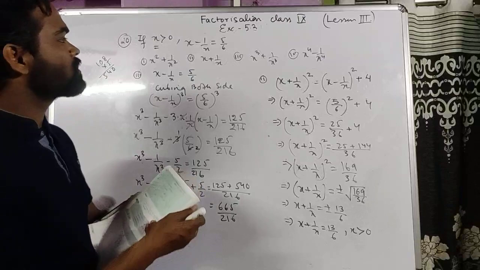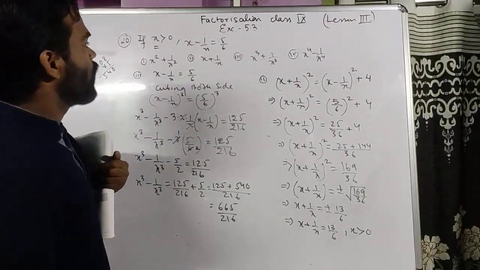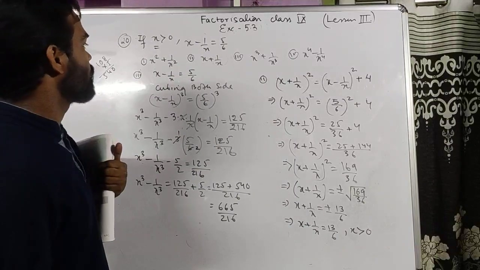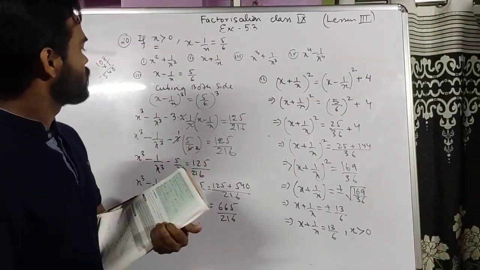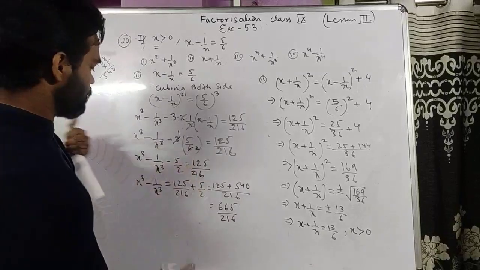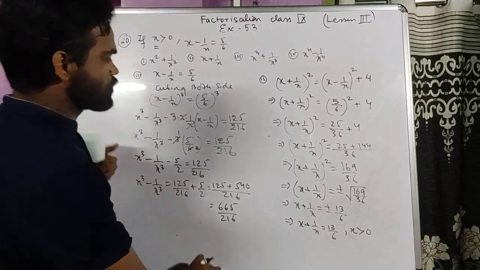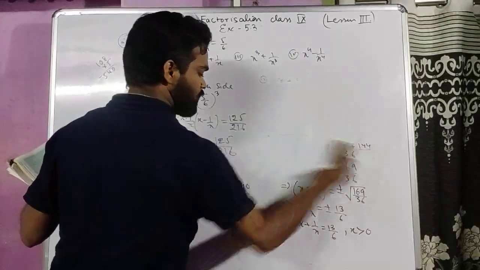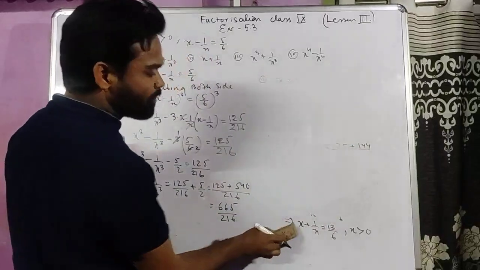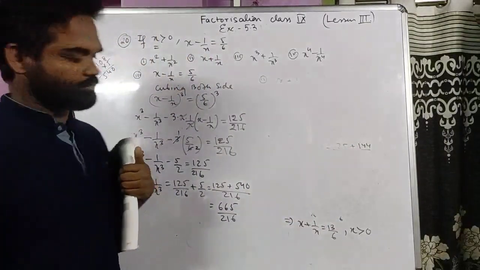Okay, they told us to find x cube plus 1 by x cube, and we got x cube minus 1 by x cube. Okay, no issues. How to do that? We need to cube this. Cubing this will give you the answer.